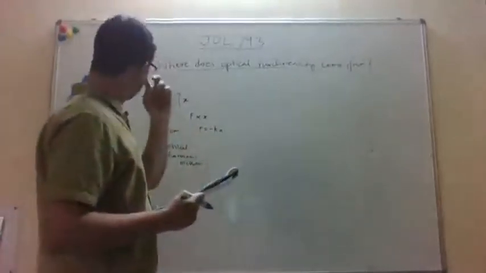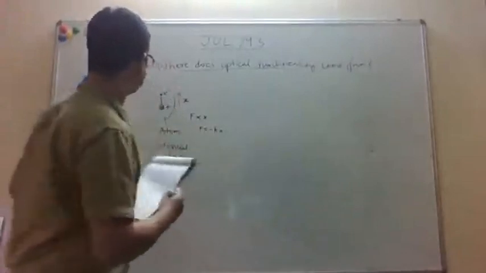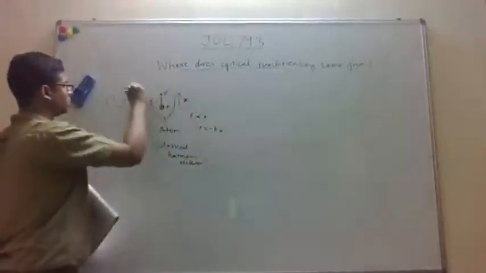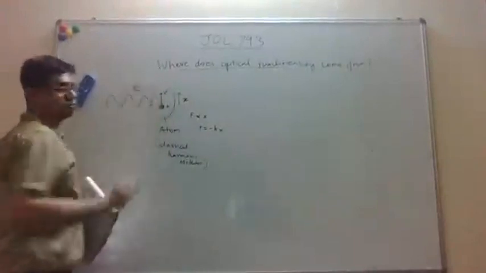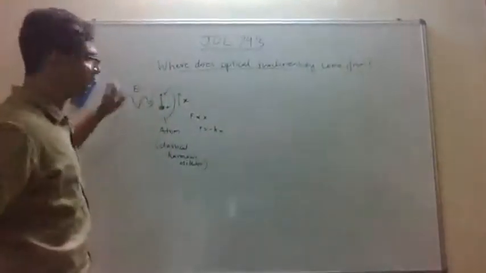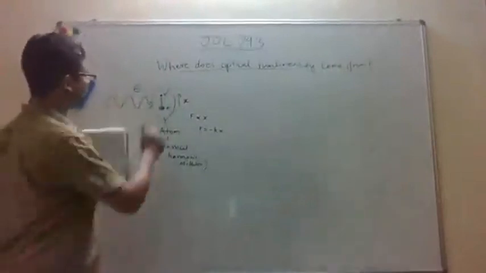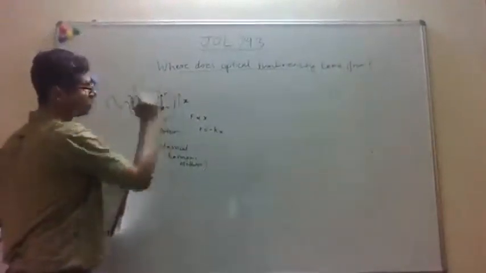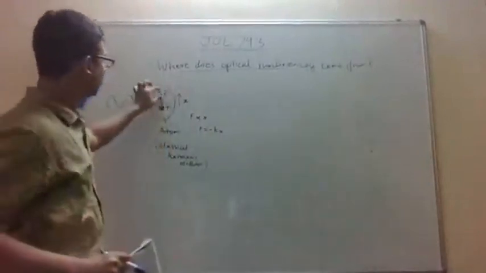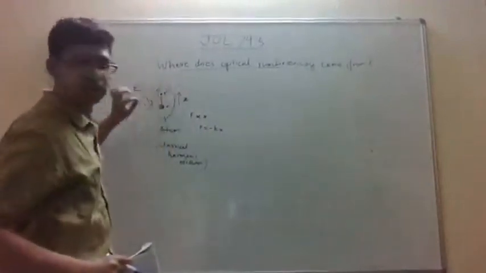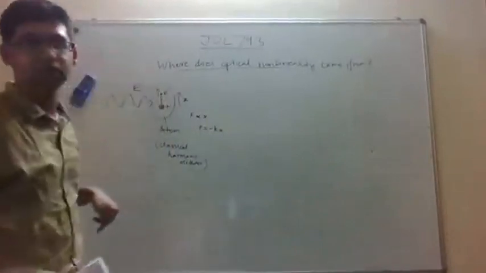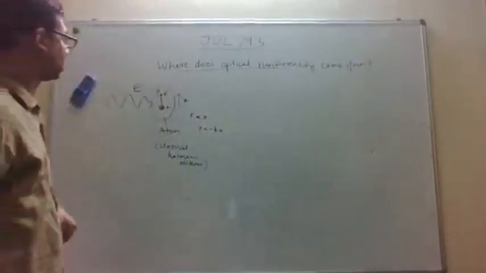But where is the displacement coming from? This is coming from my input wave, which has some electric field. That electric field applies a Lorentz force on this electron, and that pulls apart the electron by some distance, and there's a restoring force back towards it.